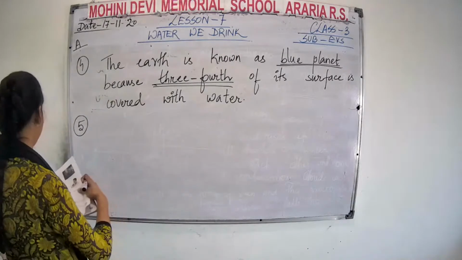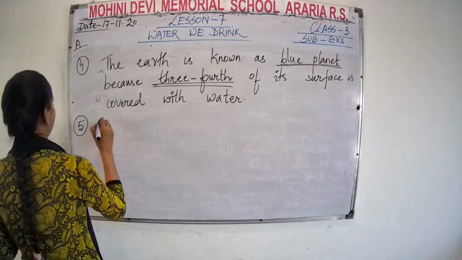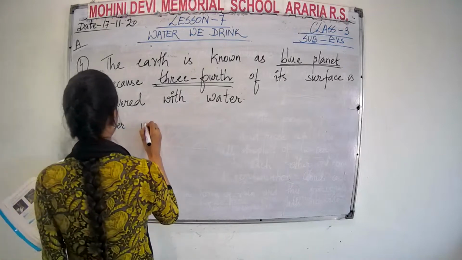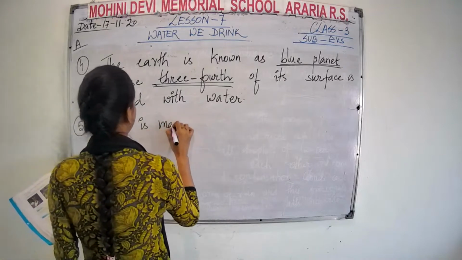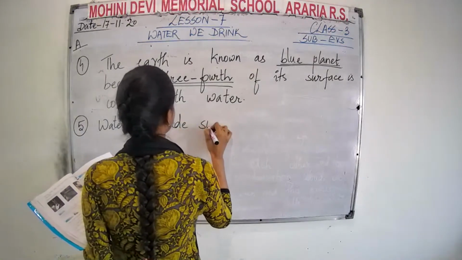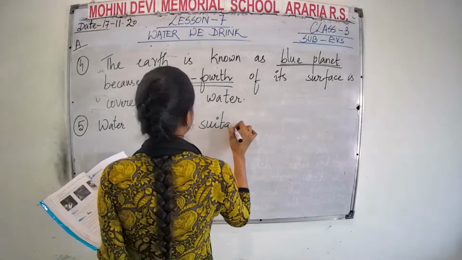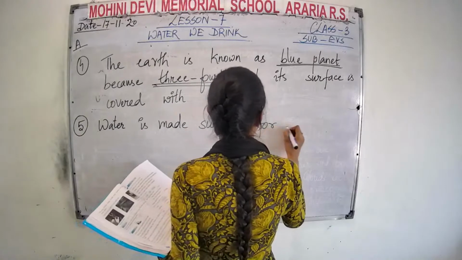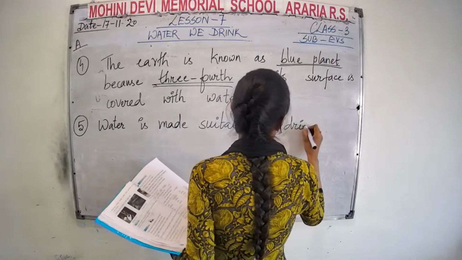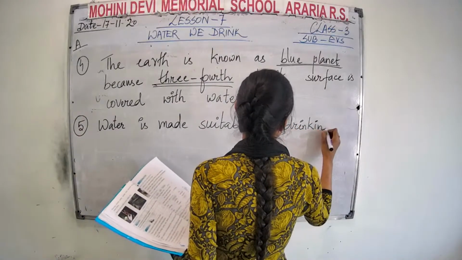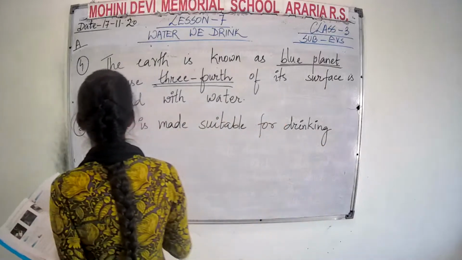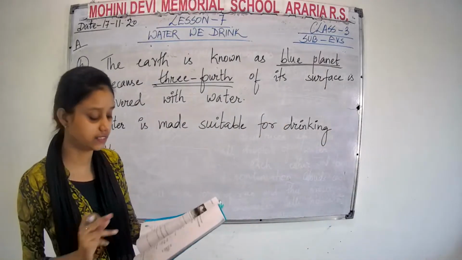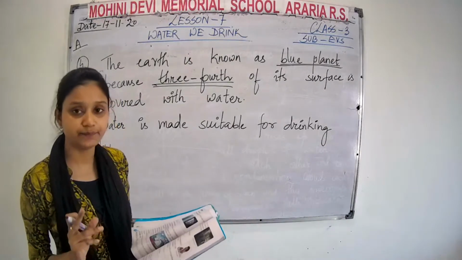So you have to write it in this way: water is made suitable for drinking by, we have seen here in the chapter three processes.